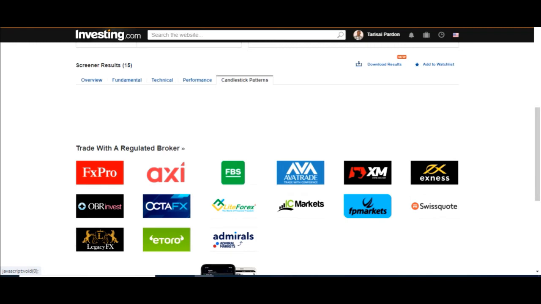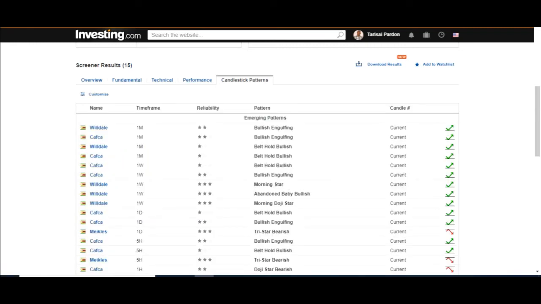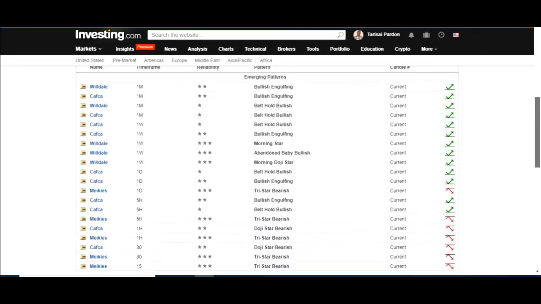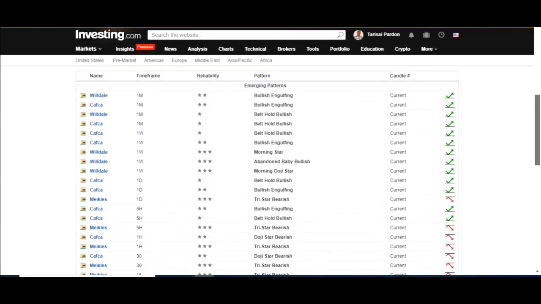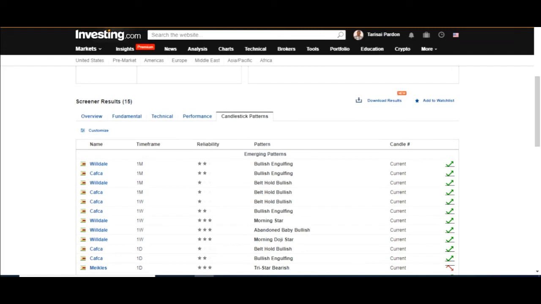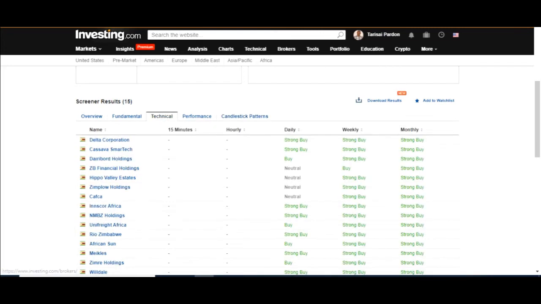You can also have a look at the candlestick patterns, which can also tell you if it is a good time to buy the counter or it is a bad time. And there are quite a lot of them, and they have been appearing in different time frames. And we also have some ratings on how reliable these candlestick patterns are. Now let's take a quick look at the chart.